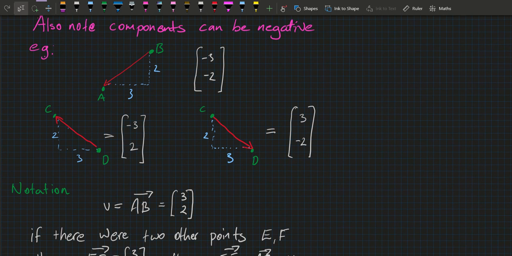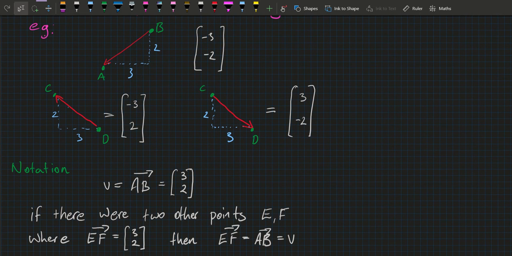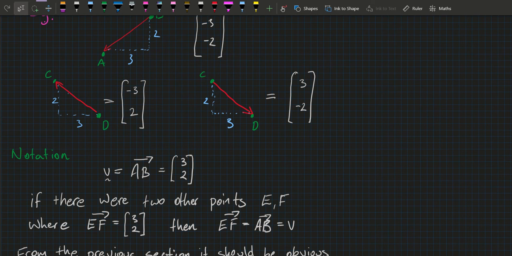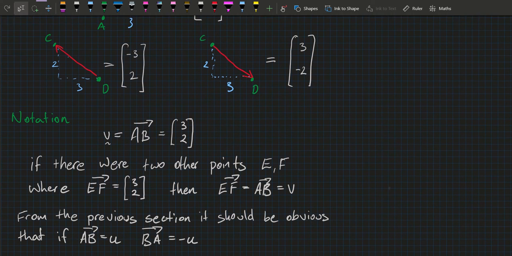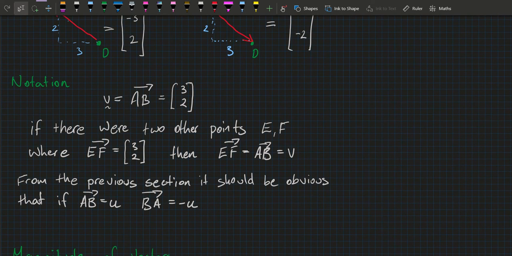Okay, and the other thing is for our notation, in the books they write it as bold, but I'm going to do this in my handwriting, because there's no bold in my handwriting. If there were 2 other points, E and F, where EF equals (3, 2), then EF equals AB equals v, this vector.